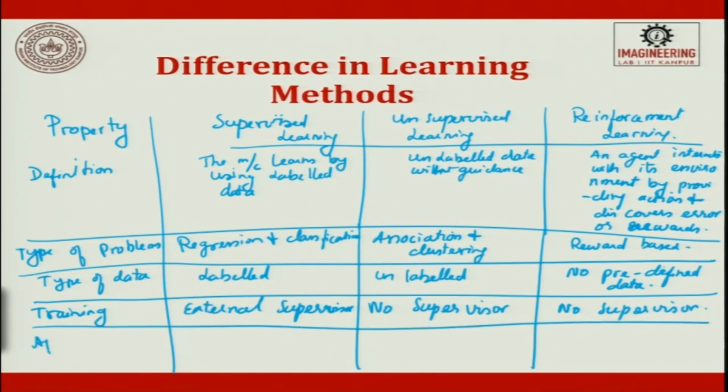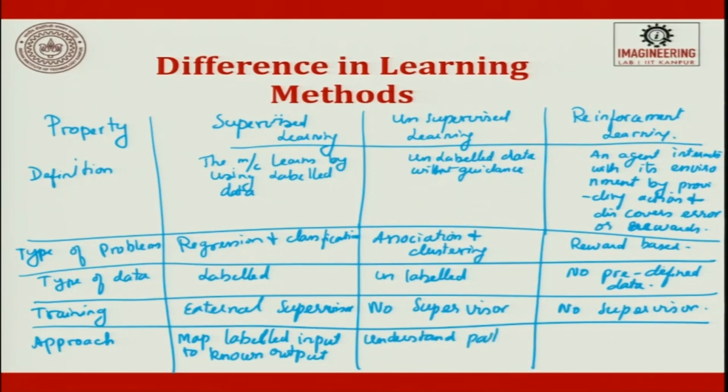The next one is approach. So, it is map labeled input to known output. Okay, here it is understand patterns and discover output.